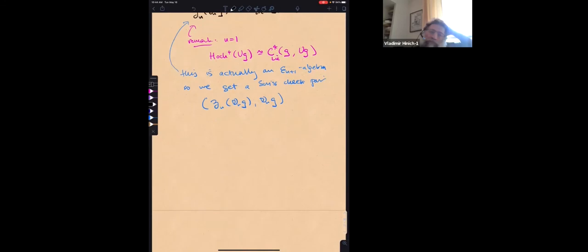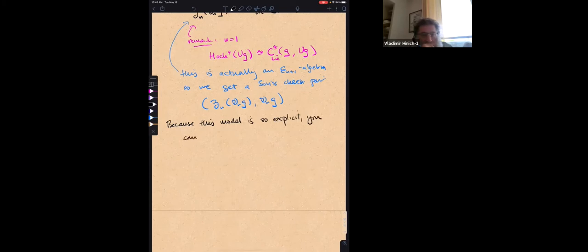Okay. So let me turn to some consequences of this. Because this model is so explicit, you can extract some concrete consequences. You can really get your hands on things.